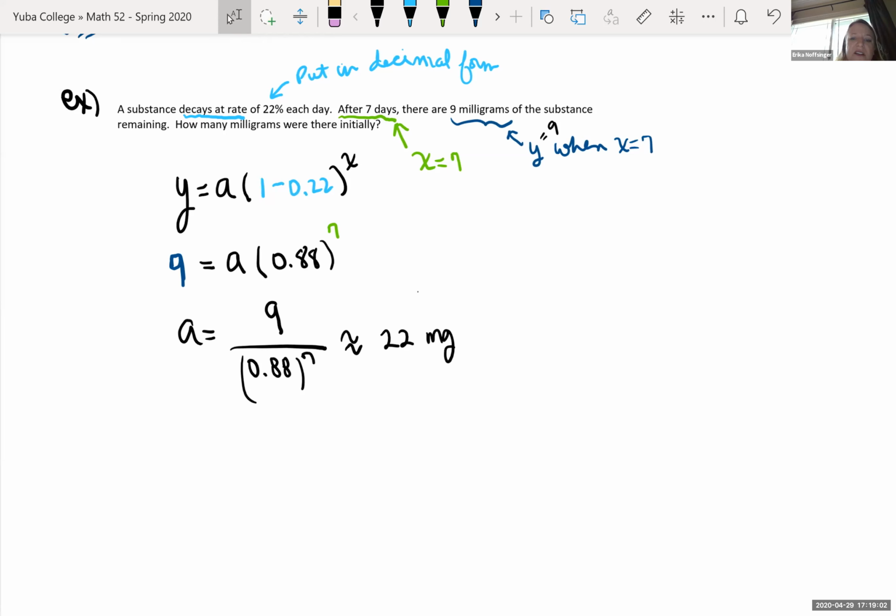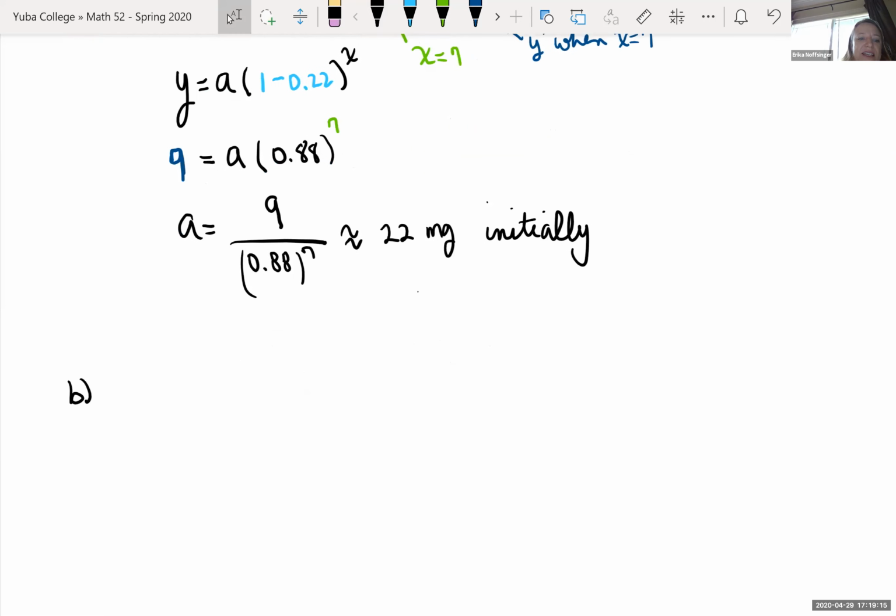We just answered, this was 22 milligrams initially. So what if it asked, what is the formula for the amount of substance after X days?